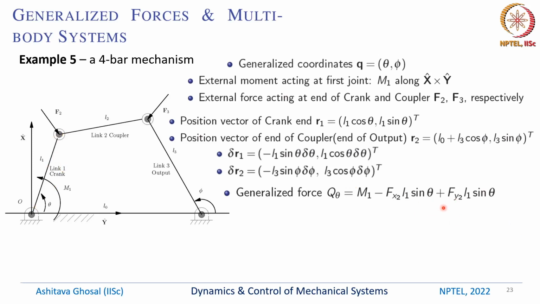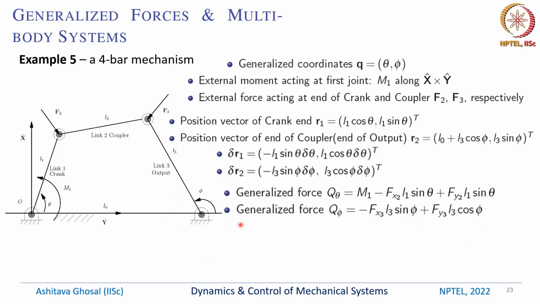This is the arm, an R cross F type of term. Generalized force Q phi will be nothing but from F3. Okay, so the components of F3 are Fx3 and Fy3. So this is minus Fx3 L3 sine phi plus Fy3 L3 cos phi.